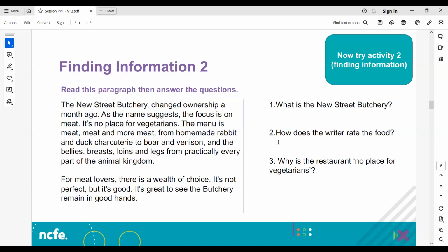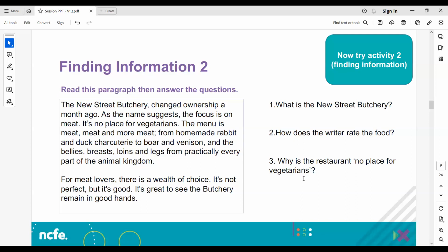Okay, so number 3. Why is the restaurant, and they've put a quote from the text here, so that's something we can scan for. Why is the restaurant no place for vegetarians? Because its menu is meat and more meat. Excellent, yes, well done. So you could even put that quote in.